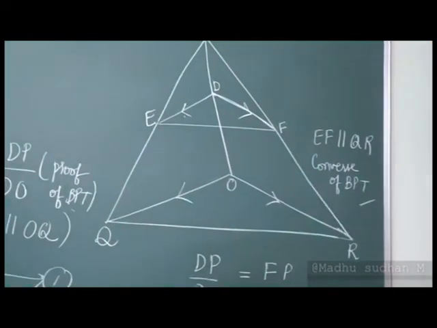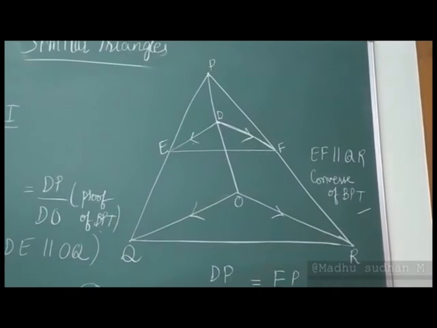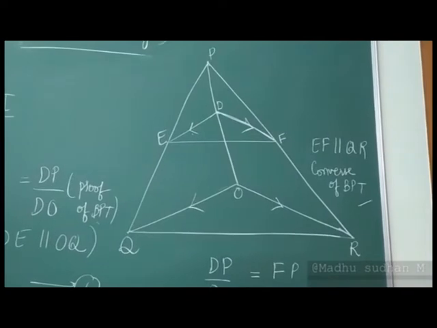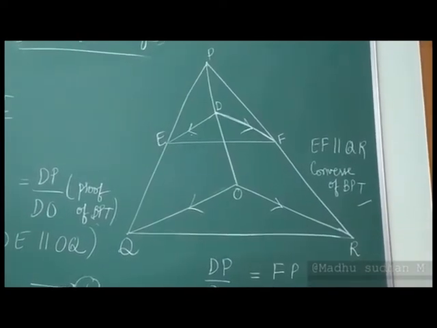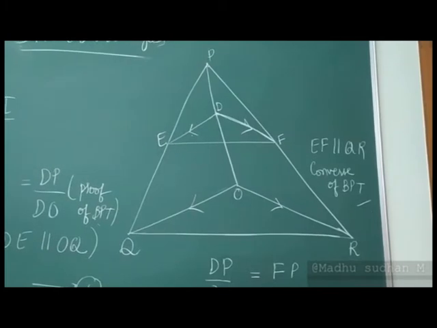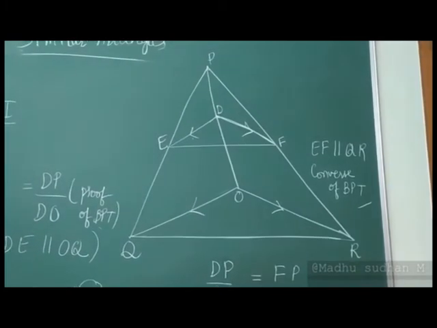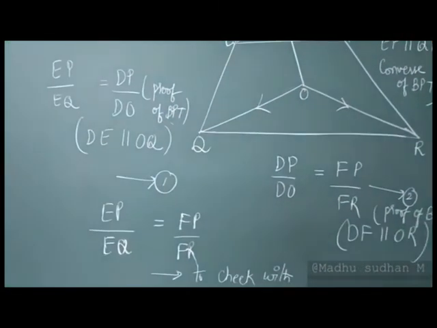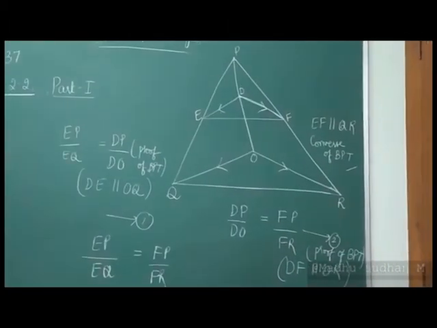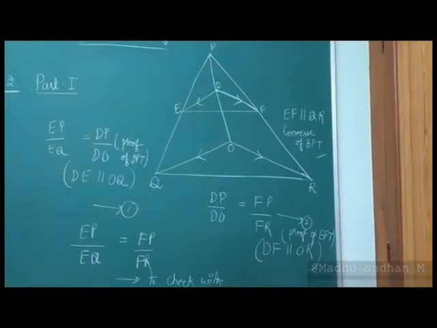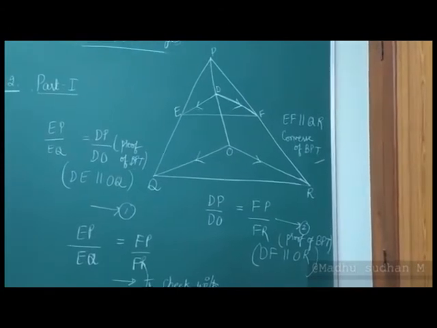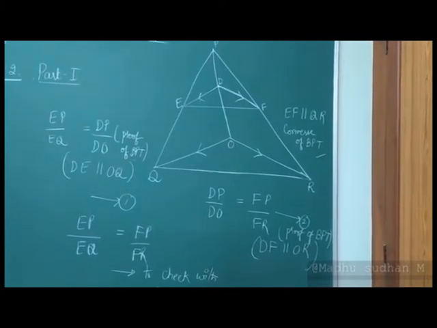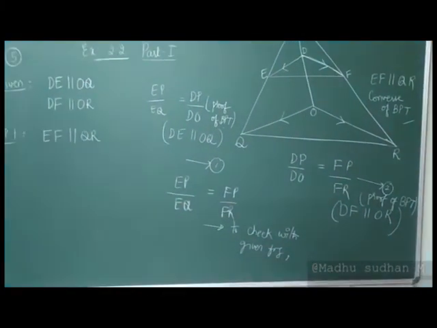If a line divides two sides of a triangle, right? Now if I consider that EF, with E and F being the distinct points that divide PQ and PR in the ratio EP by EQ and FP by FR, just observe the diagram. So can I not conclude from the converse of BPT that EF is parallel to QR, children? So that is the proof of this question.